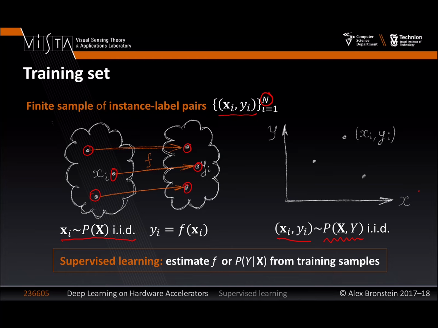Once I have this map, given a new, previously unseen instance, I will be able to assign it a label, or at least some distribution of labels. And then, if I still need some definite answer, I will just take the peak of the distribution. Okay, makes sense? Is it clear? This is the goal of supervised learning.